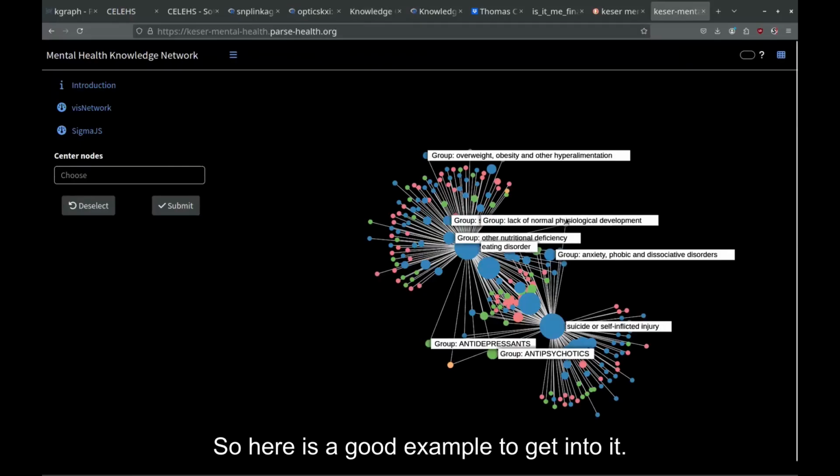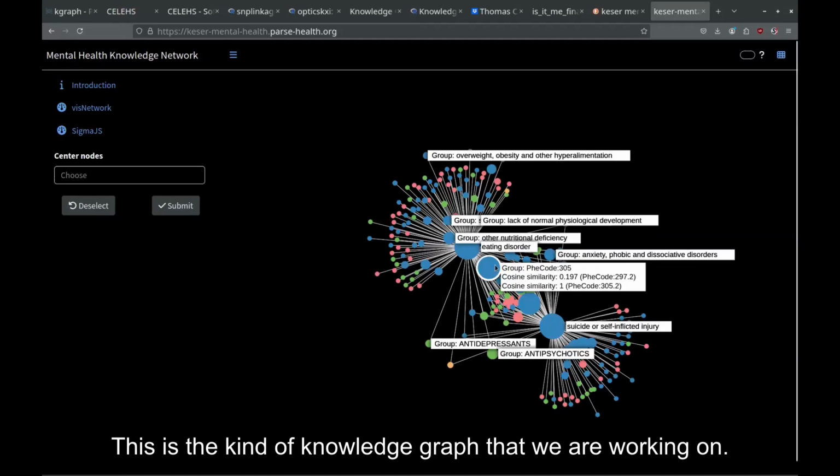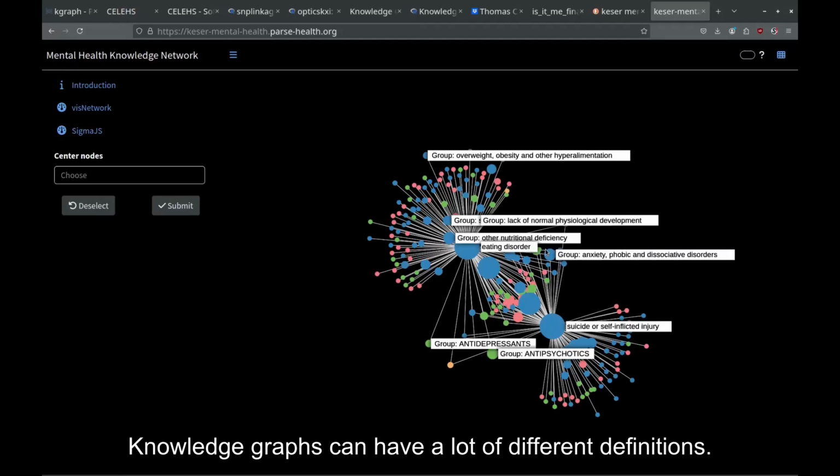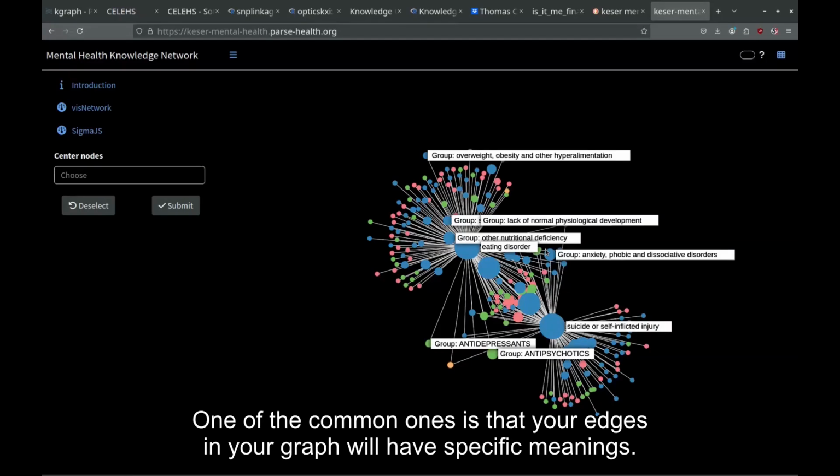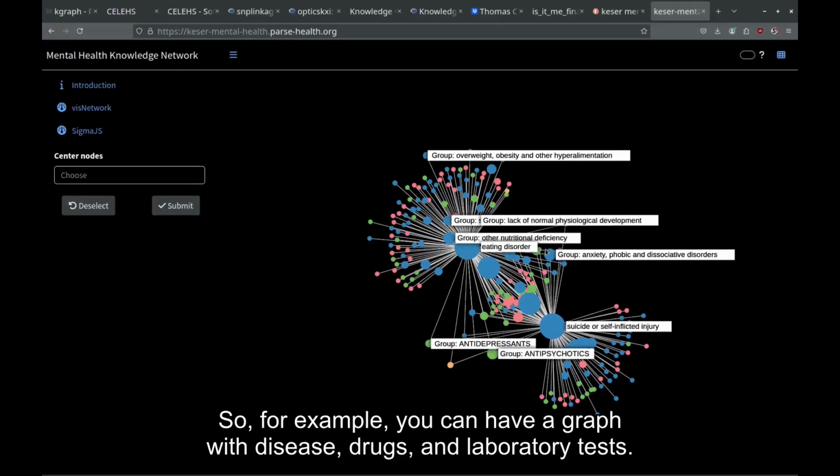So here is a good example to get into it. This is the kind of knowledge graph that we are working on. Knowledge graphs can have a lot of different definitions. One of the common ones is that your edges in your graph will have specific meanings. So for example, you can have a graph with disease, drugs, and laboratory tests.